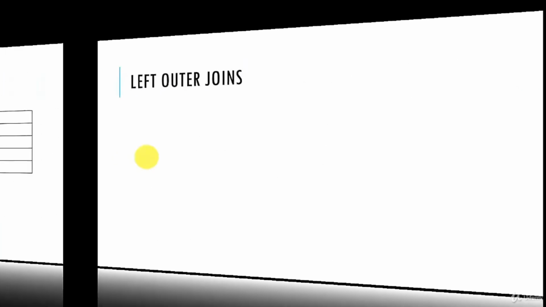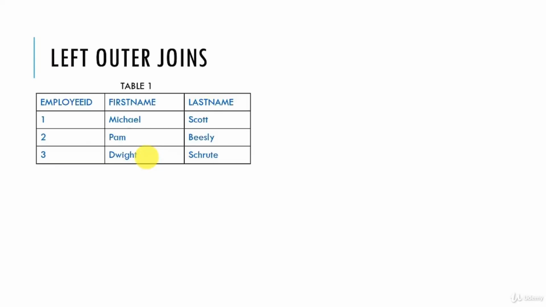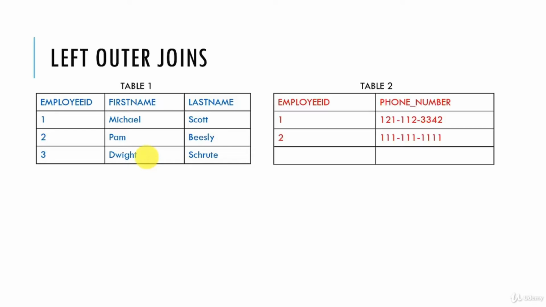So let's introduce the concept of left outer joins. Okay, let's take a table which is very simple: employee ID, first name, and last name. Let's take another table, employee ID and phone number. Pretty much the same thing that we just discussed in our previous slide. Now, what happens when I left join table 1 with table 2?